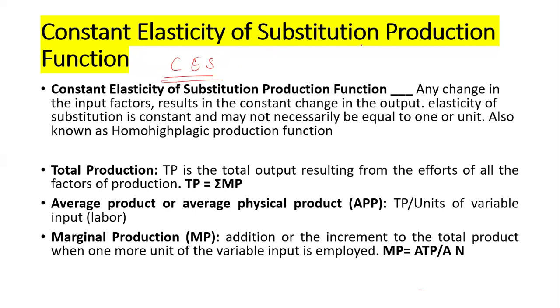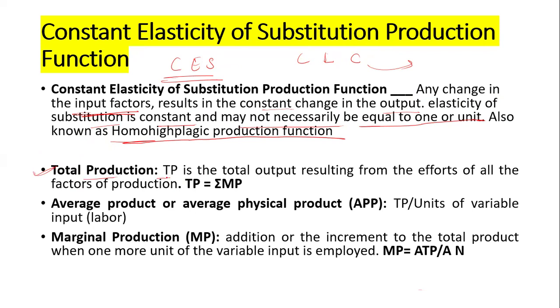In it, if there are any changes in the input factors like land, labor, capital, the resulting change in output is such that the elasticity of substitution is constant and not necessarily equal to 1 or unity. It is also known as the homogeneous production function.